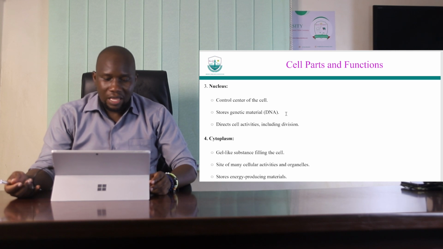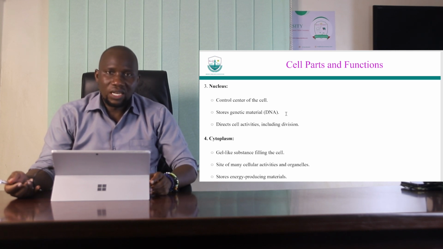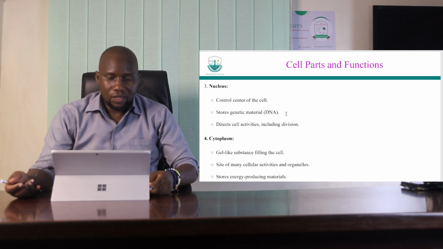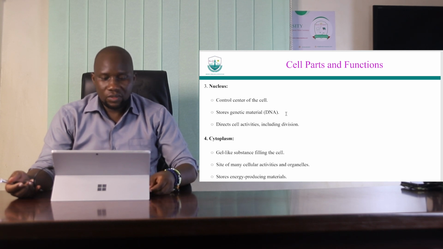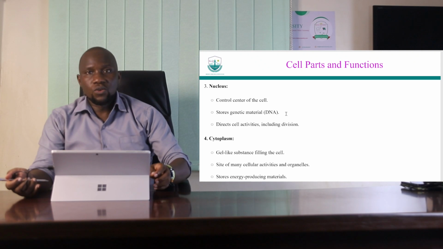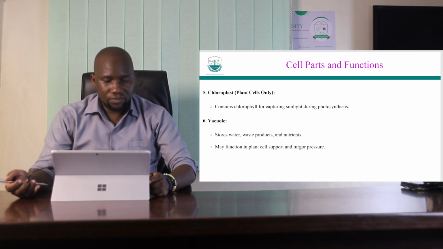We also have different organelles within the cytoplasm. It is also an area where you have energy-producing material being stored. The starch and others are actually stored in the cytoplasm.